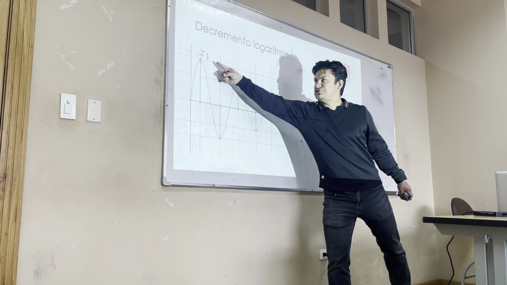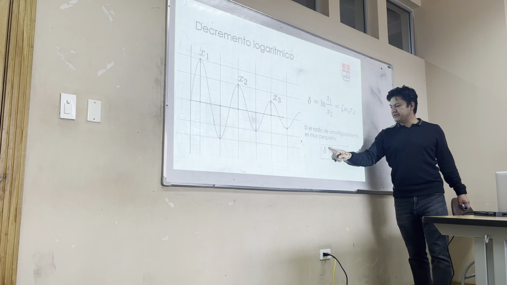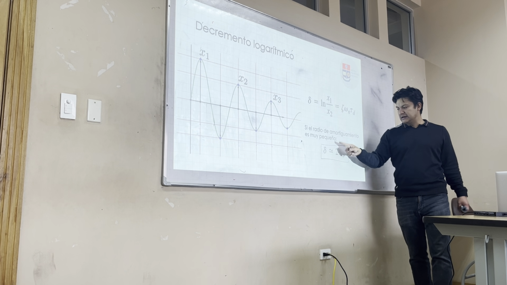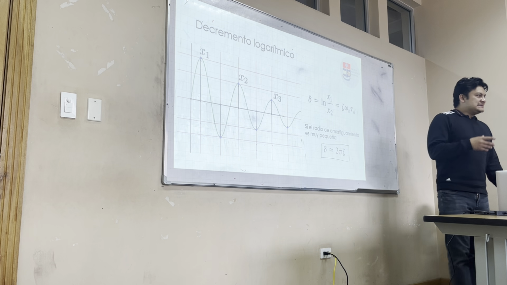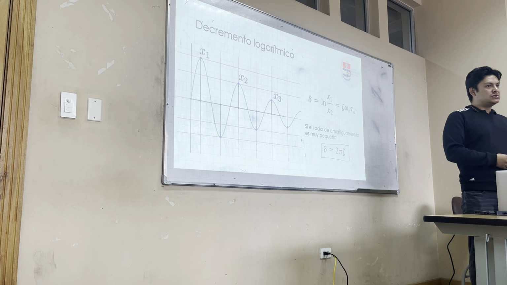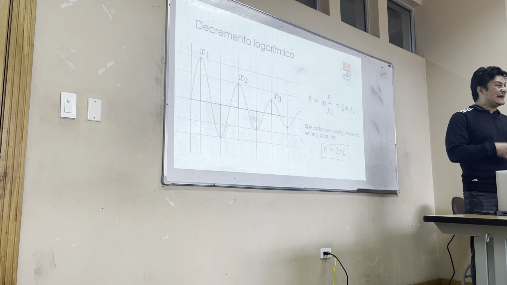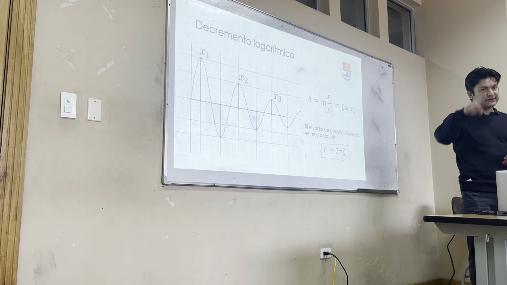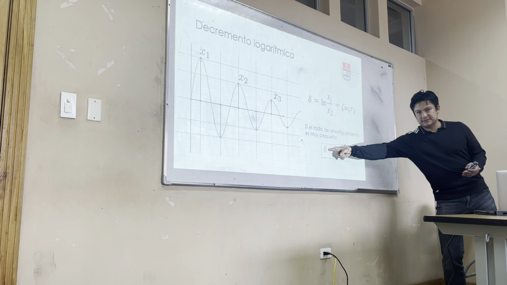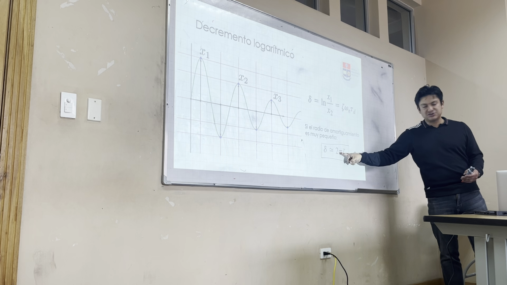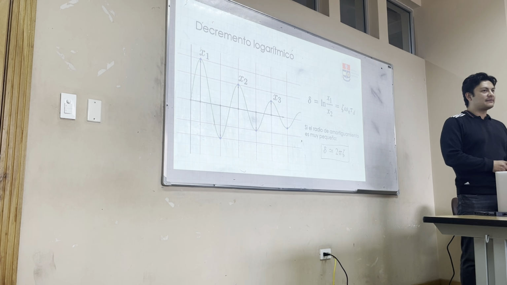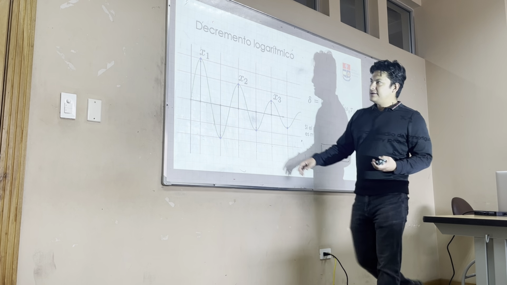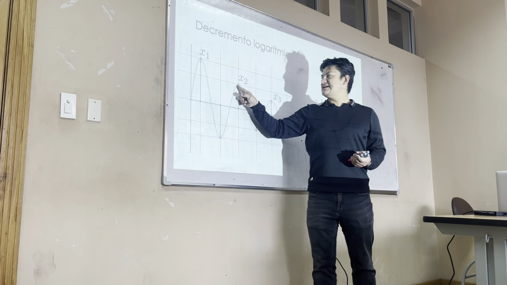Take the ratio between two of them, take the natural logarithm, and then you get the logarithmic decrement, divide by 2 pi, and you get this value, right? That being something quite difficult to measure with other approaches, but you have to do an experimental dynamic approach like this one. You get the response, you divide that logarithmic decrement by 2 pi, and you get this value, right? Easy peasy, isn't it?